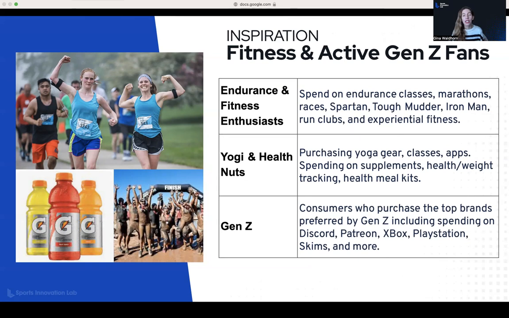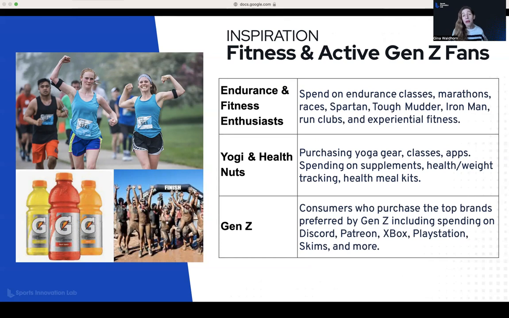So we have an audience targeted at those who spend money on running marathons, on run clubs, on Tough Mudders, on Spartan races, on experiential endurance, Ironman type activities and sports and fitness.